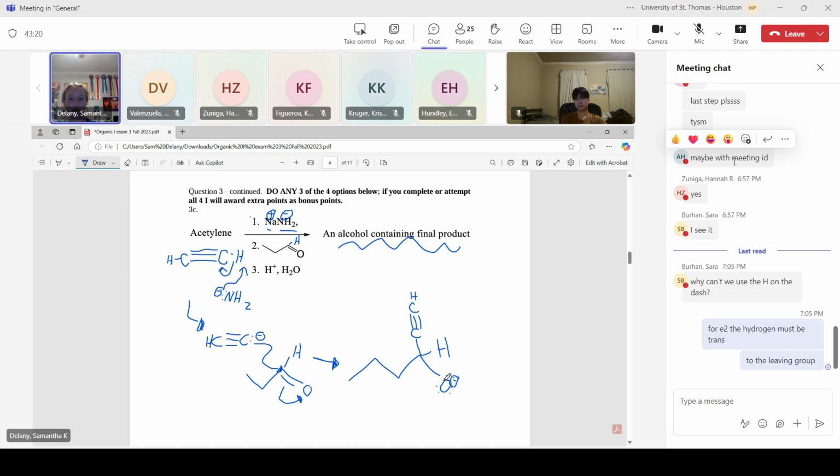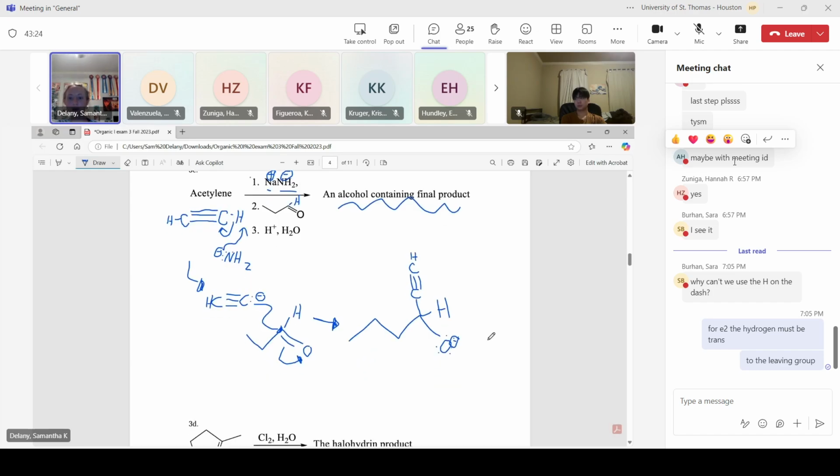And now you can see it's very easy to get an alcohol-containing final product. We have acidic water in solution, which has H+, and a negative oxygen, which acts as a really good base. It can very easily just pick up a proton, ending up with an alcohol containing final product.